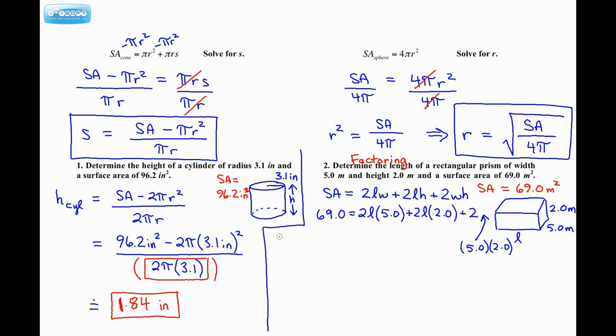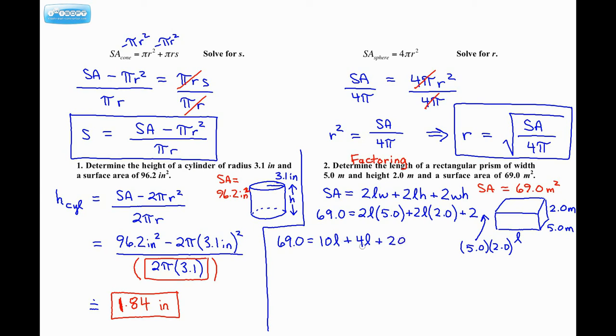Well, because when you simplify it, I get 69 equals, well, 2 times L times 5. The order of multiplication doesn't matter, so 2 times 5, of course, is 10. So I can write this as 10L. This term, 2 times L times 2, combining the 2's gives me 4. So I have 4L. This term doesn't have any variables anymore, so 2 times 5 times 2, that's just 20.